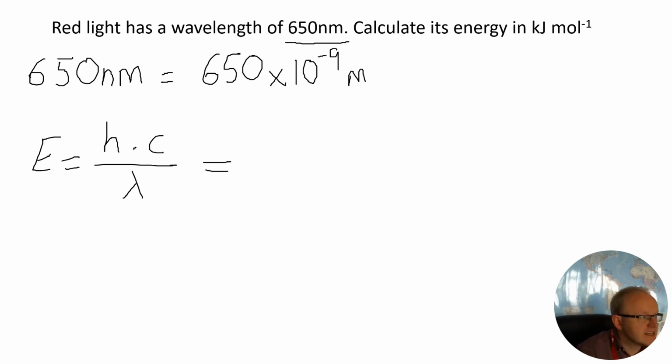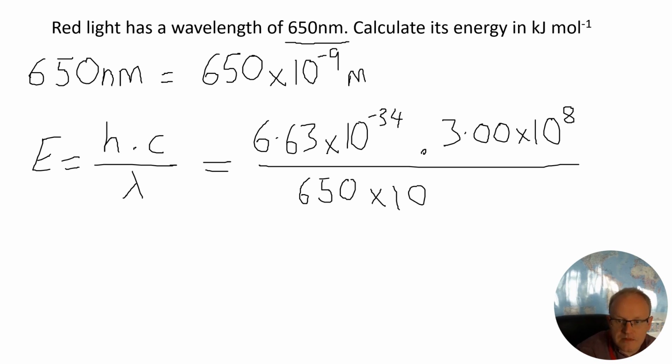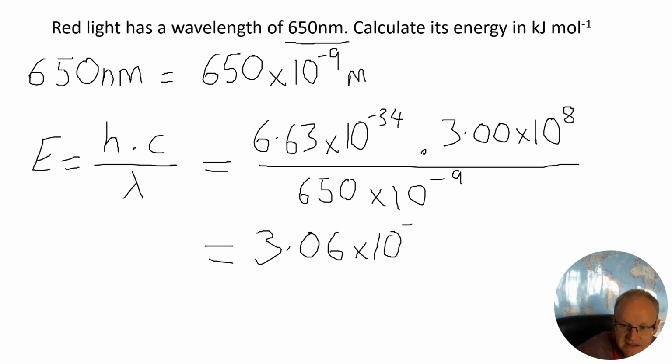So if we plug the numbers into our calculator now, you'd have H as 6.63 times 10 to the minus 34 times C, which is 3.00 times 10 to the power of 8. And then we divide that by lambda, which is our 650 times 10 to the minus 9. So when I put that into the calculator, I get it as 3.06 times 10 to the minus 19.